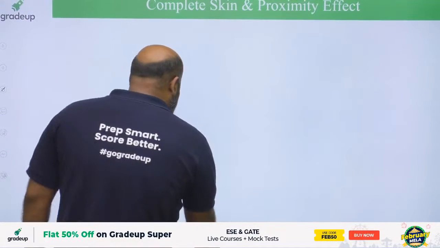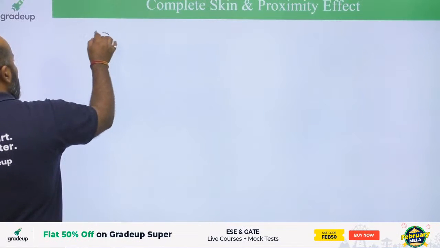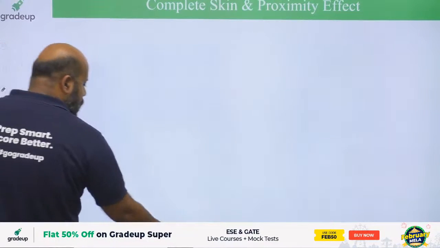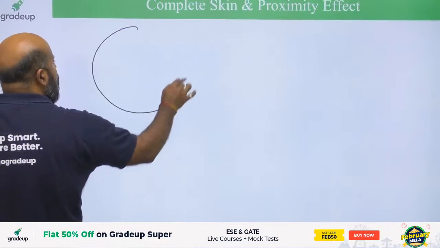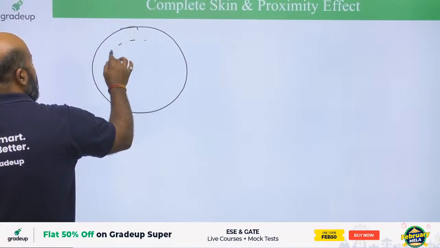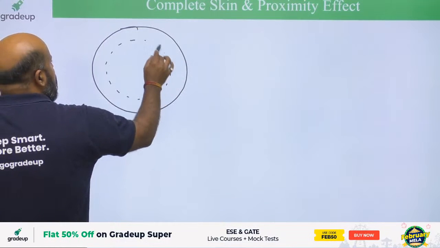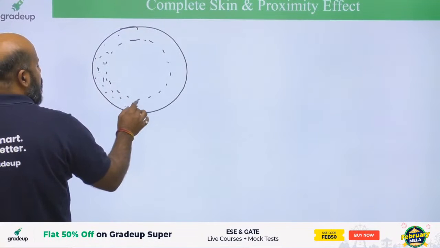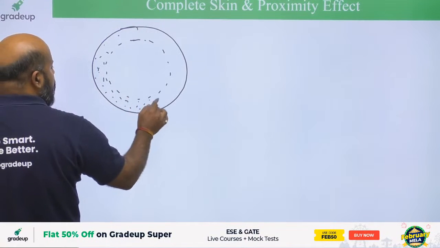So the situation is going to be something like this. If this is your conductor, then the current is going to concentrate only in a small portion near the surface of the conductor like this.